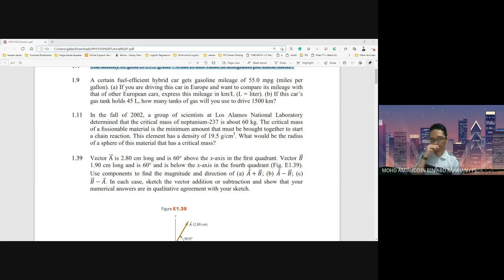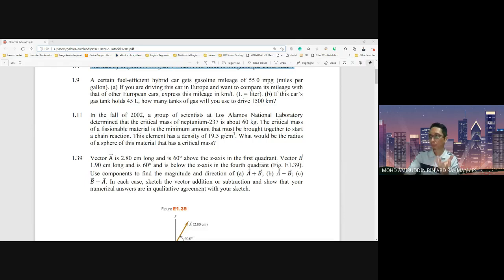So how to solve that? Anyone got the idea? You need to know, when there is a density, that means the mass has a volume.